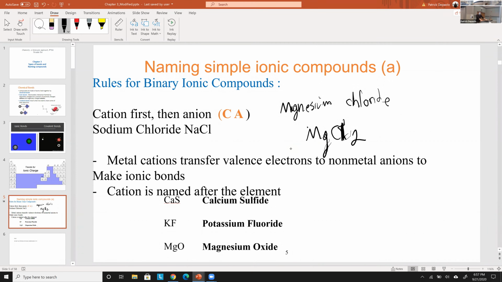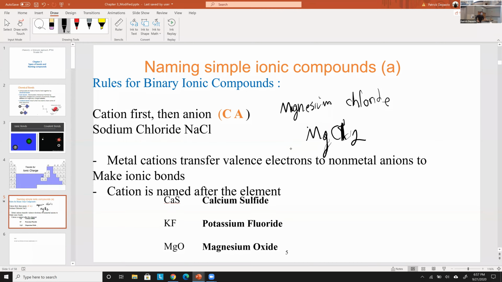The reason why in ionic bonds we never use prefixes is because of math. An ionic bond has a specific rule: the positive charges have to balance out the negative charges. That's true for magnesium chloride, and there's only one magnesium chloride.